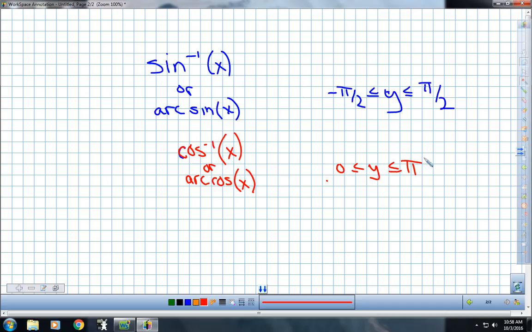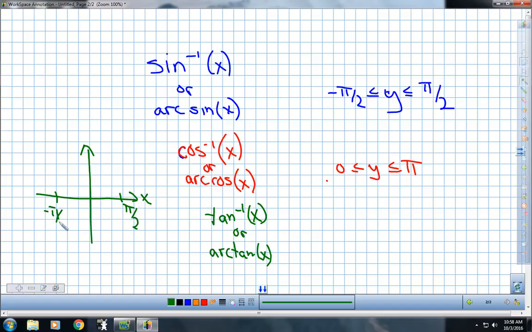All right. Last one. Inverse tangent or arc tangent. Okay. So let's just look over here real quick. What does one period of the tangent function look like? So we know it goes from negative pi over 2 to pi over 2, and it looks like this, right?